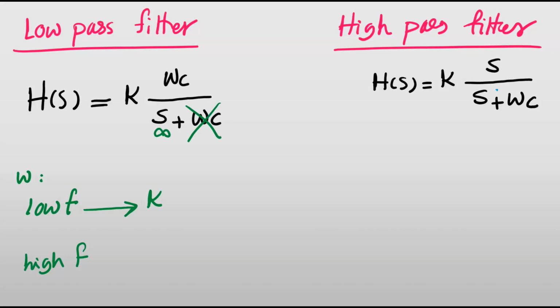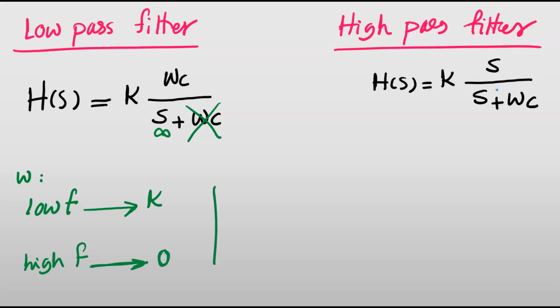So we can neglect omega C here. So what we are going to have is K multiplied by omega C over infinity. K multiplied by omega C is a constant number. A constant number over infinity is going to be close to zero. So if we focus on high frequency, then the gain of this filter is about zero.